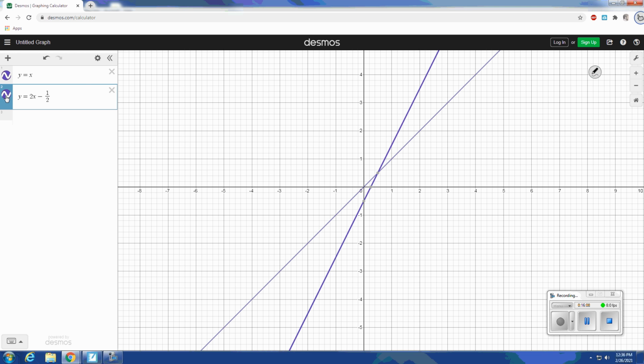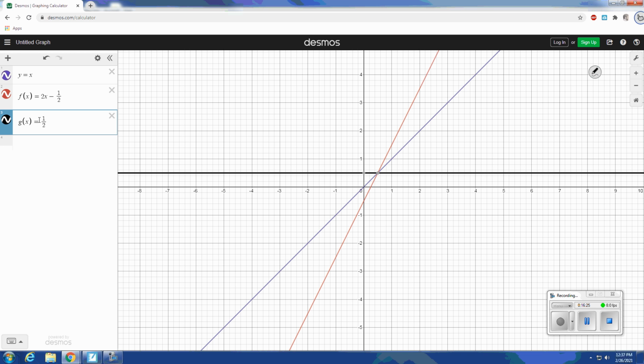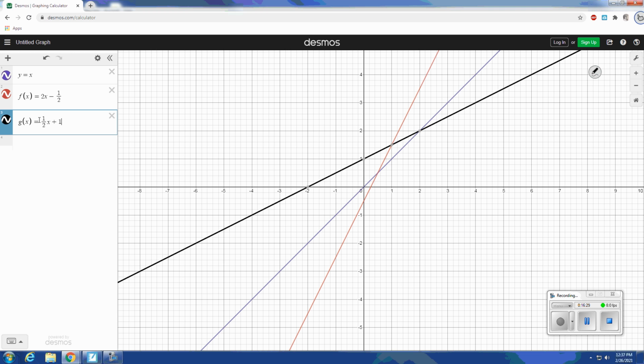Do a different color here. And then our inverse function that we found was, we can actually call that f of x. G of x equals, and then we found it to be 1/2 x plus 1/4, I believe.